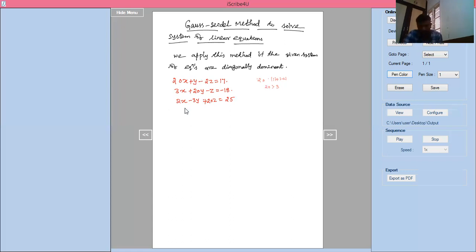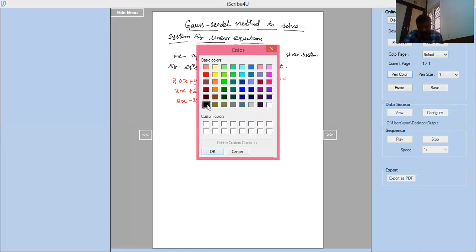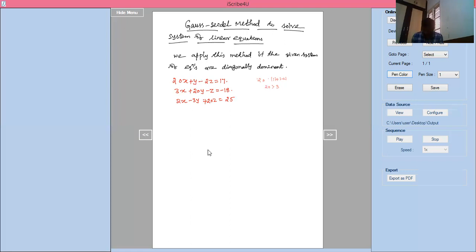Once the system is diagonally dominant, I can proceed directly in the following way. Take 20x plus y minus 2z equal to 17. I keep the x term here and send the remaining terms to the other side: x equals 1 by 20 into 17 minus y plus 2z.